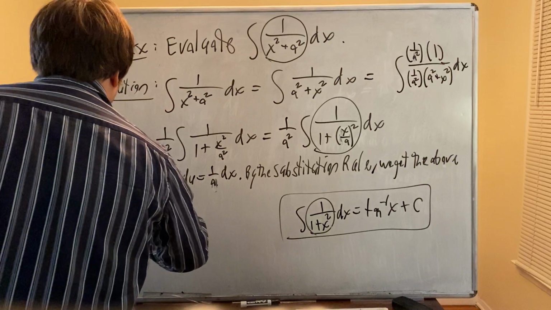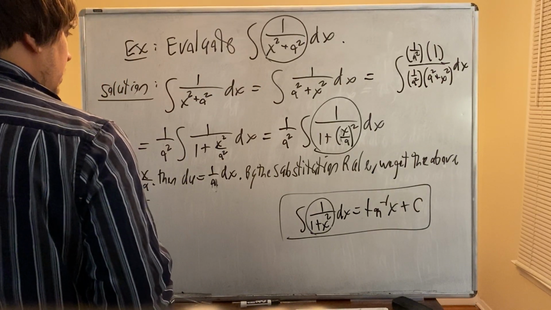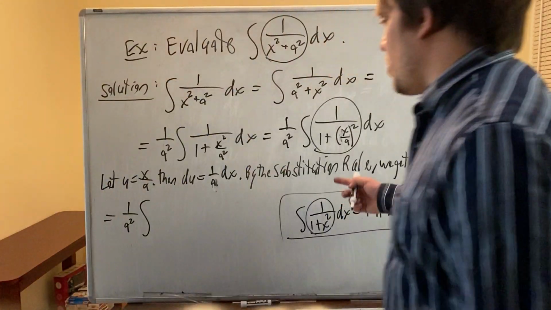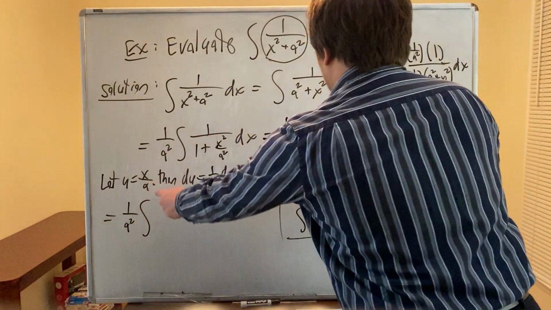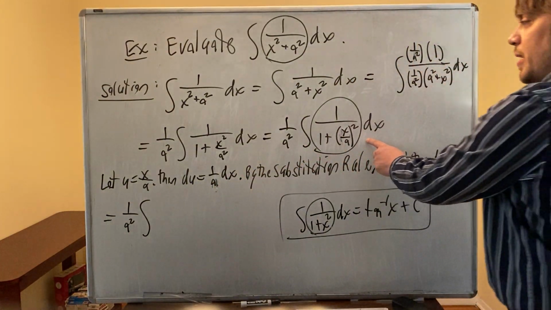1 over a squared, the integral of, so when we substitute x over a for u, that's fine. But now we need dx, we need a 1 over a. So we're missing a 1 over a.